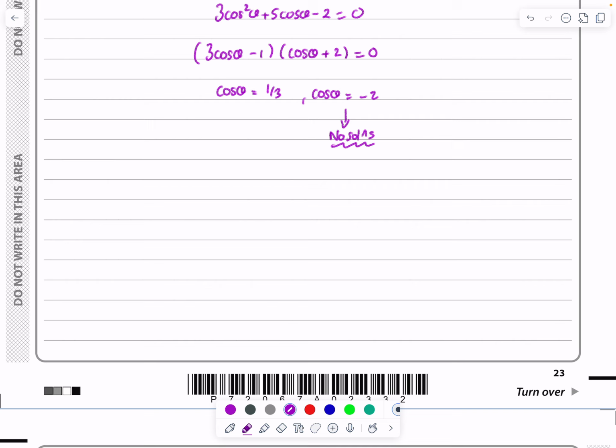If cos theta equals a third, the way that I do it, exactly the same, I'll do it really, really quickly this time with the CAST diagram, is say, okay, if cos theta is equal to a third, then where are my possibilities for the answer? All, sine, tan, and cos. Where am I going to get cos being positive?